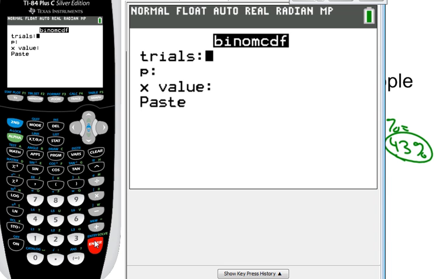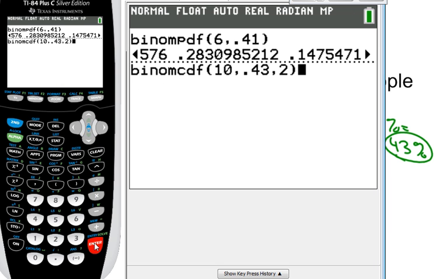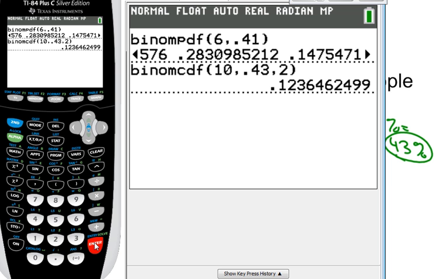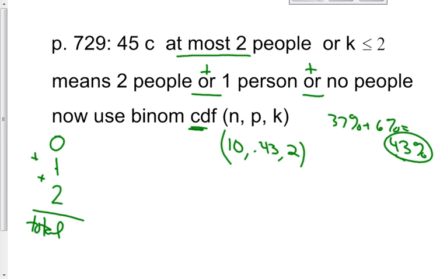We said we were going to do 10 trials, 10 people are going to give blood, 0.43, and our X value, our K value, success value is 2. We should be able to go ahead and hit enter, and it's going to add our values together for us. So instead of us having to do this 3 times and adding our 3 decimals together, this did it for us: 0.1236. I'll go back to my screen, and my total is 0.1236. The probability that up to 2 people, at most 2 people, have blood type O is 12.36%.